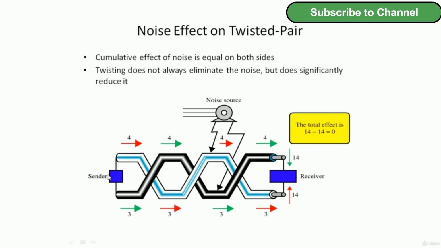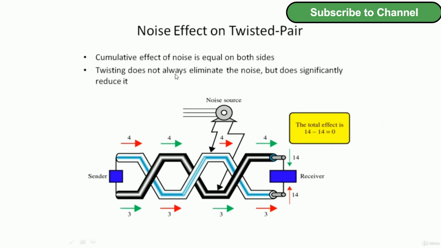See this cable, this one is the sender, this one is the receiver. The cables are twisted like this. On this cable, the noise is shown with this red arrow, and on this it is by this green arrow. And you can see the total noise effect on this wire is 14, on this also 14. So 14 minus 14 is equal to 0.